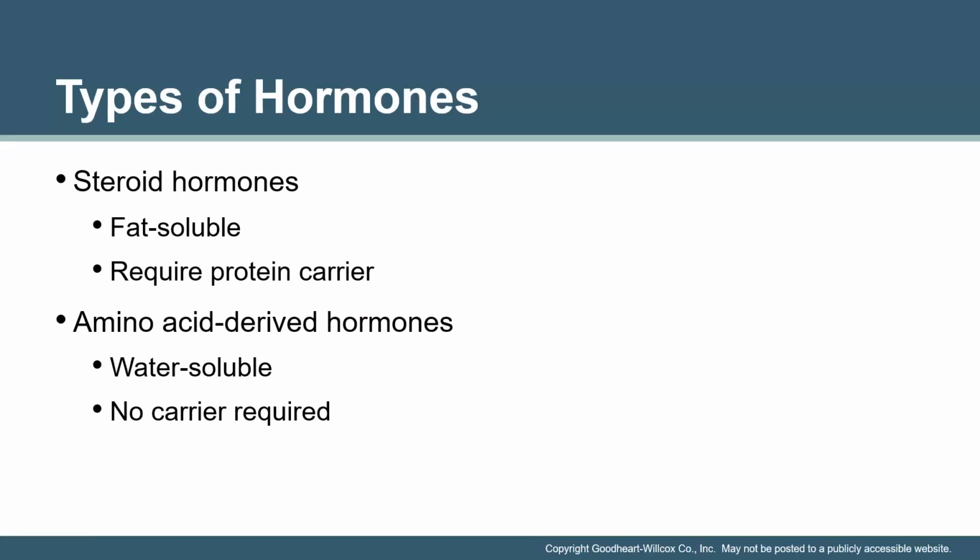It's like the oil and water analogy. Amino acid-derived hormones cannot pass through a lipid-containing cell membrane, but the steroid hormones do. The amino acid-derived hormones are the ones that will require a receptor on the cell's membrane in order for it to be received and the message taken and carried, and whatever chemical events happen downstream from that will be inspired.